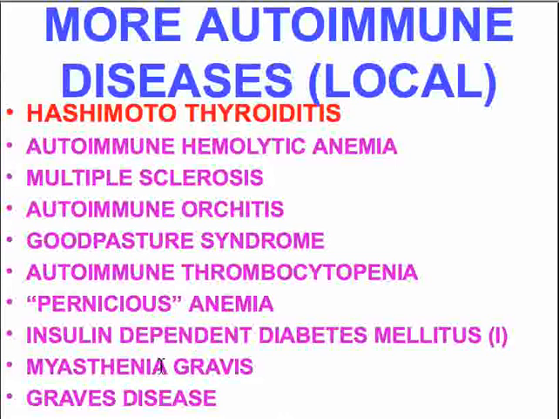In myasthenia gravis, it's antibodies against the interface between nerves and muscles, the neuromuscular junction. In Graves' disease, once again, it's antibodies against some thyroid elements. But isn't it interesting that the same disease process, autoimmune, that causes a hypothyroidism can also cause a hyperthyroidism?